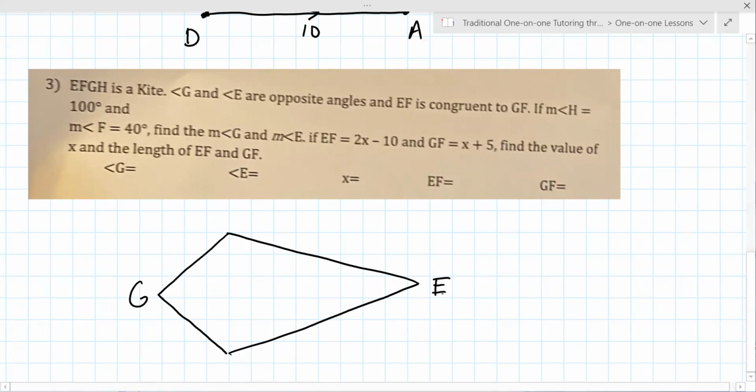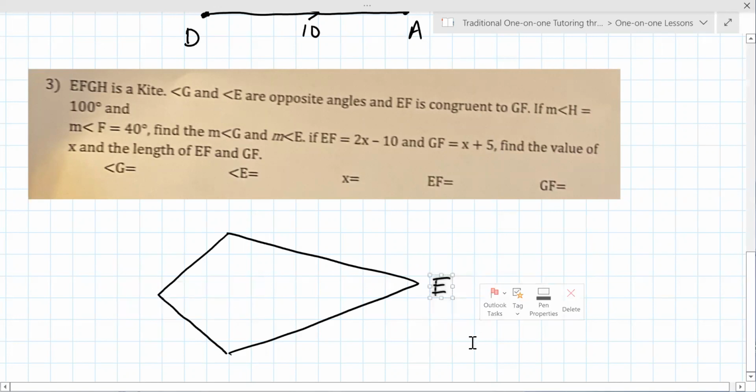Oh wait, are they? Actually, hang on, I'm not sure here. This is not written well, which is the main problem here. EF is congruent to GF. So this is not correct.